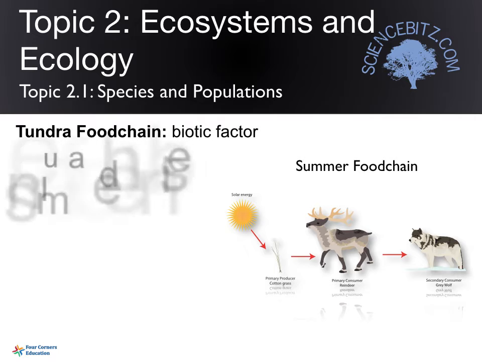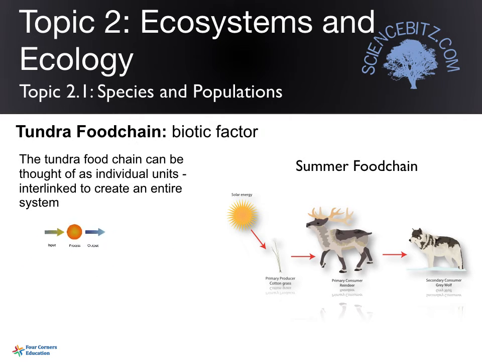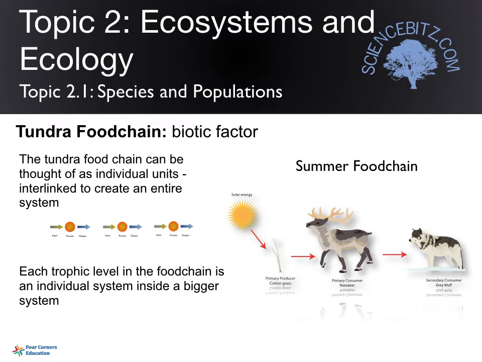So we can think of this in terms of a systems diagram, that we've got inputs. The inputs are very limited sunlight that produces a very, very poor diet for the reindeer that process it, and the output for the reindeer, one part of it, is biomass, and that biomass can then get passed on to the next level.